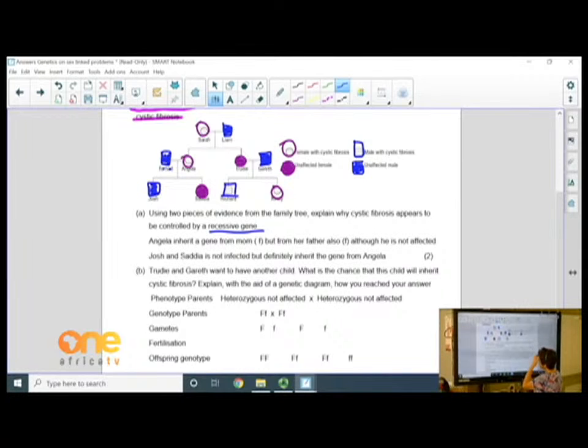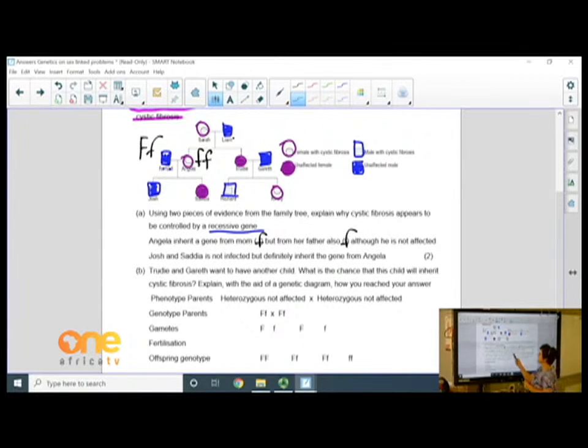You agree? So, when we look at Angela, Angela has the disease. So Angela is ff, right? And Farad is big F, small f. Liam is unaffected, but Liam must have an F. Angela inherited a gene from her mother, which was a small f, but from her father also a small f, although he is not affected.